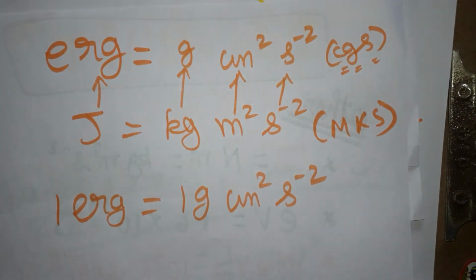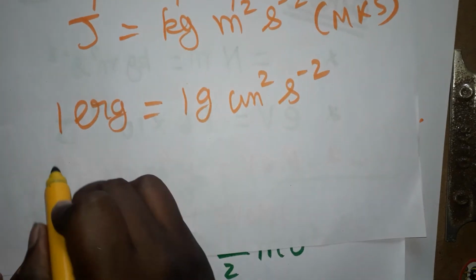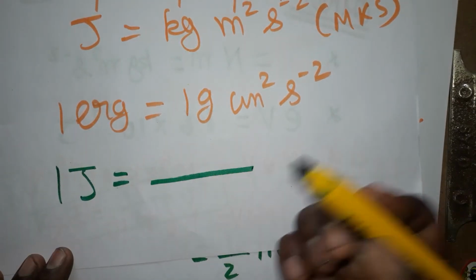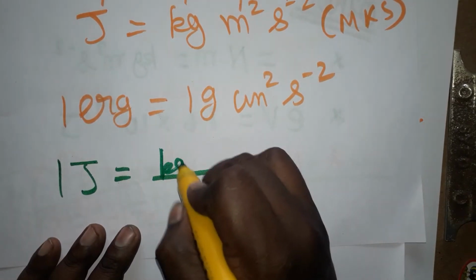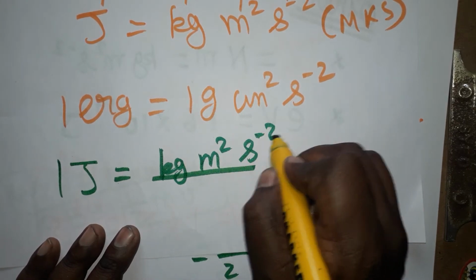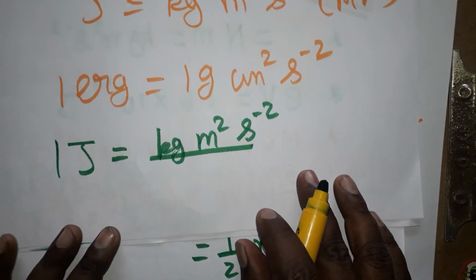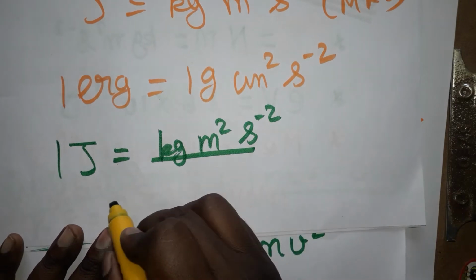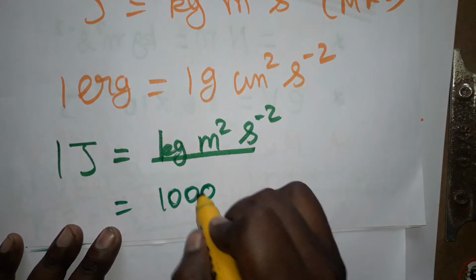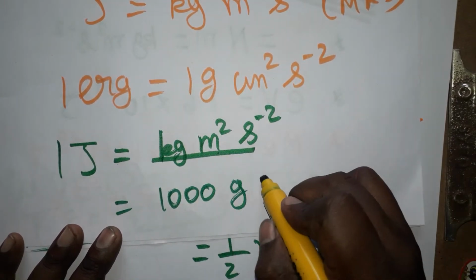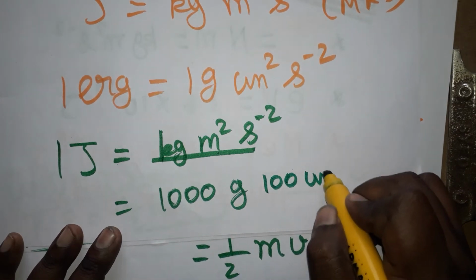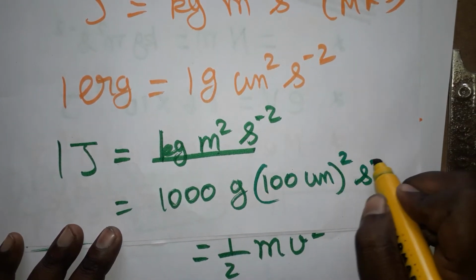The next thing, relation between erg and joules. 1 joule is equal to dash erg. So 1 joule is kg meter square second minus 2. Right now this unit I am going to convert into gram centimeter second. So it is 1000 gram, meter square is 100 centimeter square, into second minus 2.